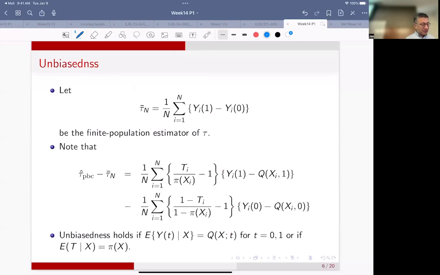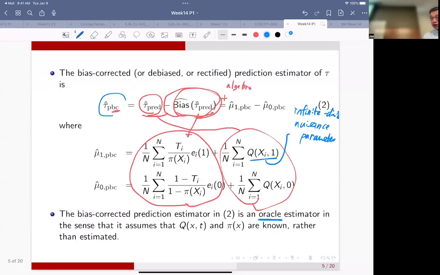Okay, unbiasedness. What we just did is to derive, to motivate this tau hat PBC, the prediction bias corrected estimator.